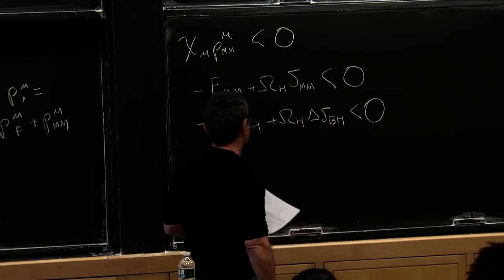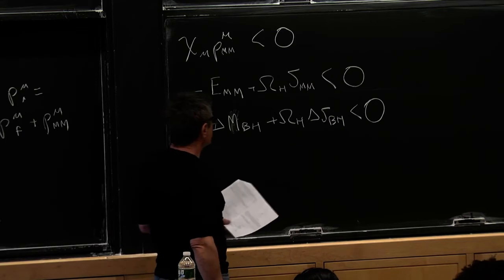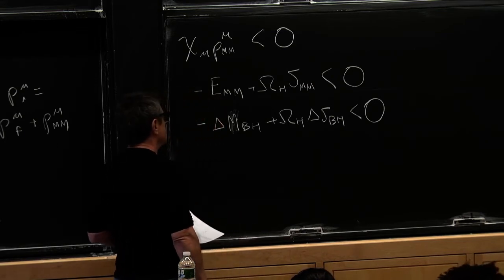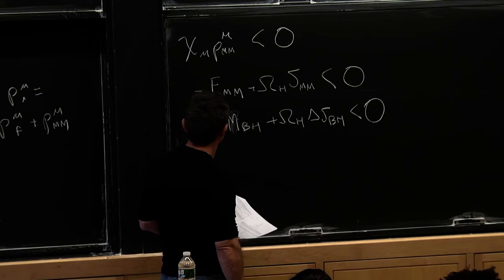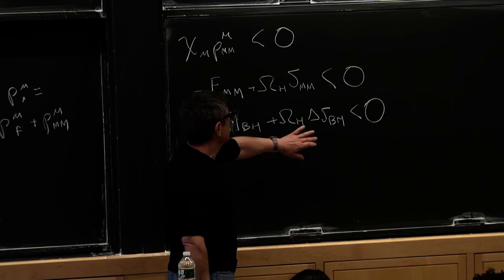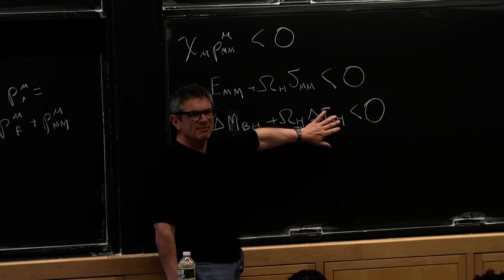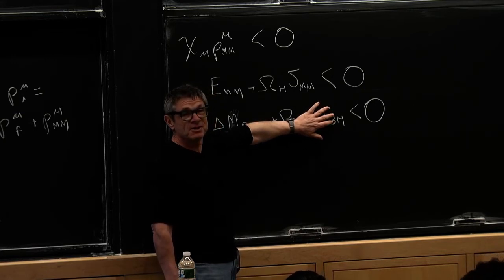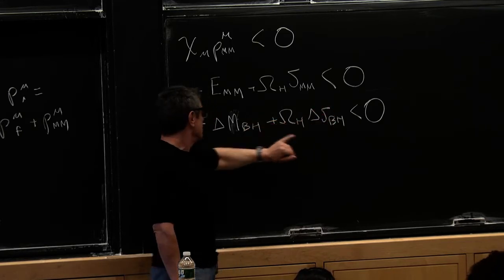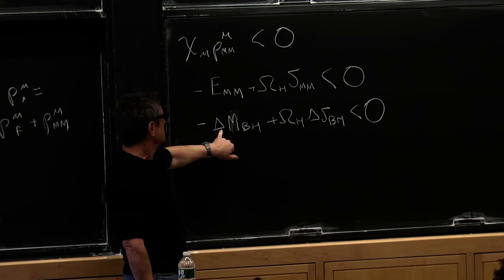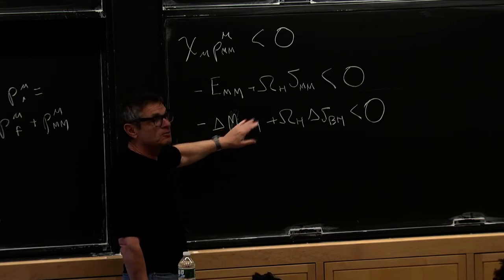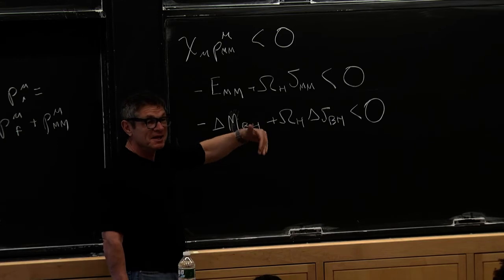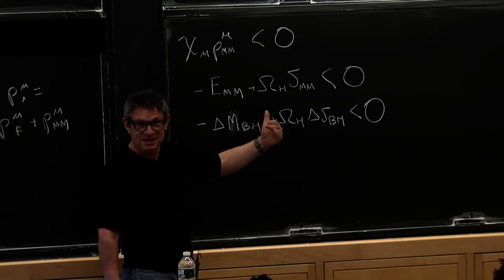So that means I can't, in general, if I try to extract energy by setting this to 0, throwing something with no angular momentum, then the change in the mass of the black hole will always be positive, and therefore I will have failed in extracting some energy.